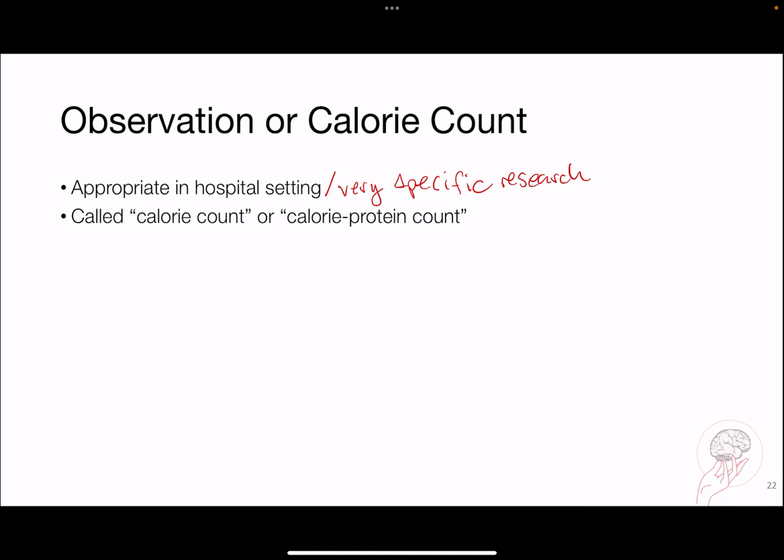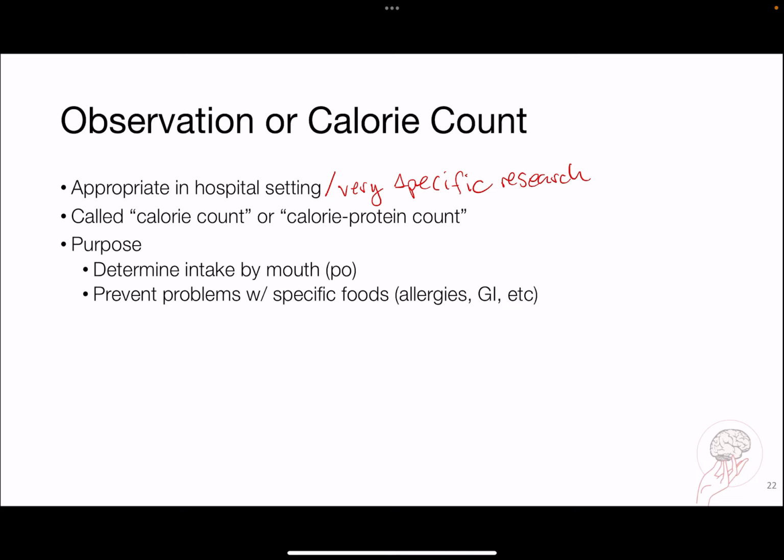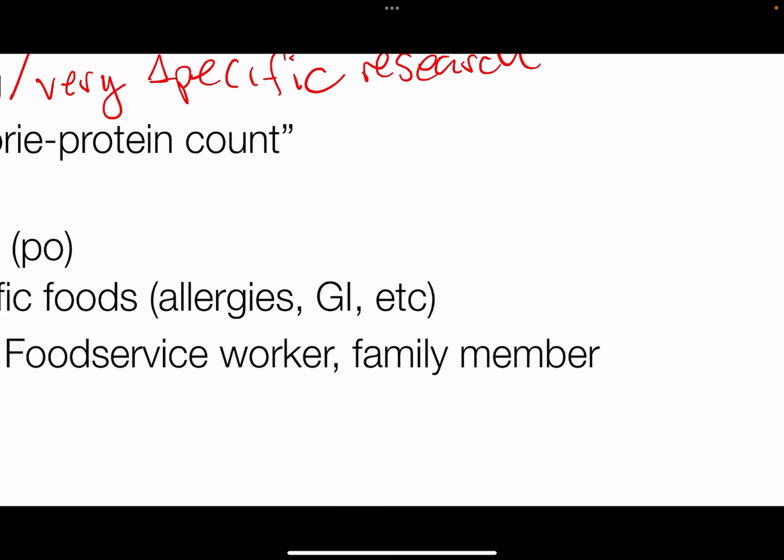So it can be called a calorie count or a calorie protein count, and the purpose is to determine intake by mouth and prevent problems with specific foods. And since this is in a hospital setting, it often involves a team, the RDN, registered nurse, nurse practitioners, food service, and this also often falls on a family member.